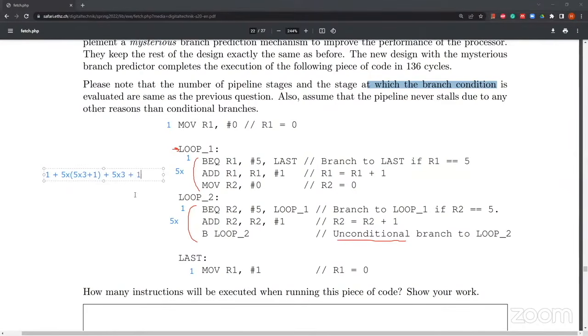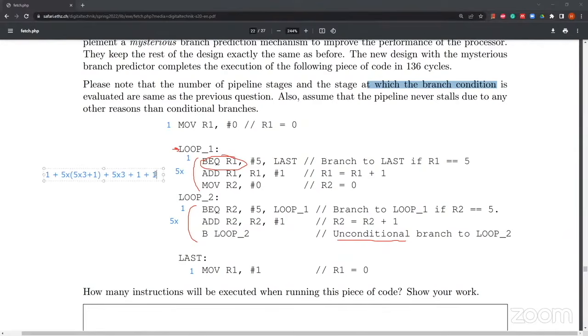And I will do plus 1 for the last execution of this branch over here, which will make the program jump to the last instruction. Okay, and I will do plus 1 one more time.